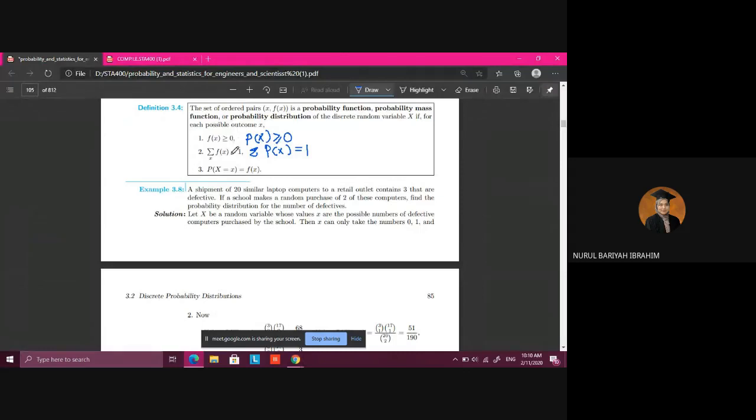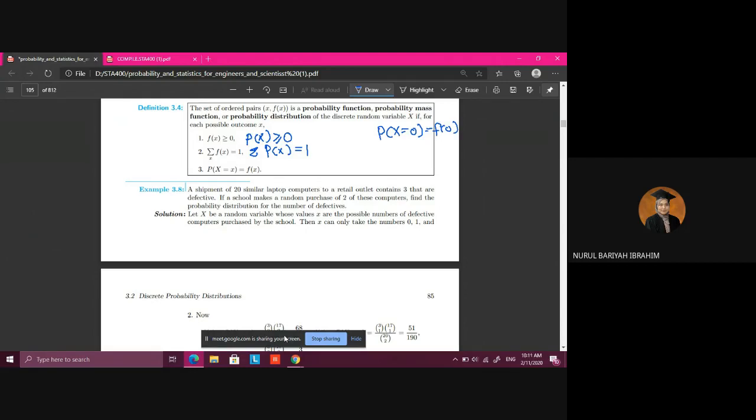Okay, and we also can express fx sebagai px equal to x. Let's say kalau kita nak cari nilai probability of x equal to 0, kita boleh juga tulis sebagai f0.